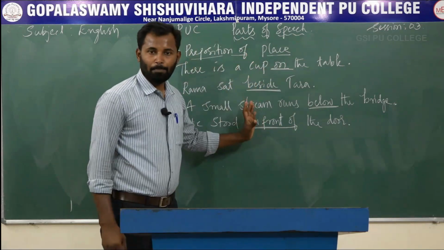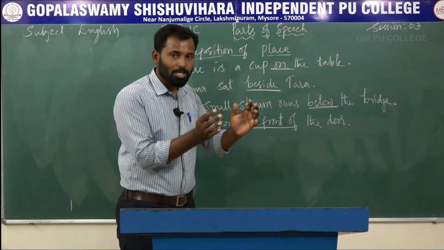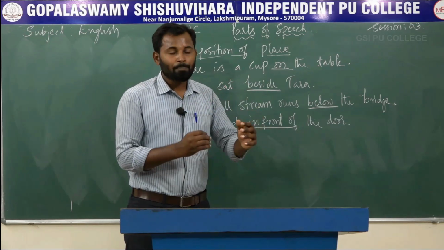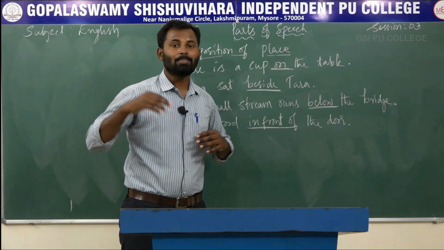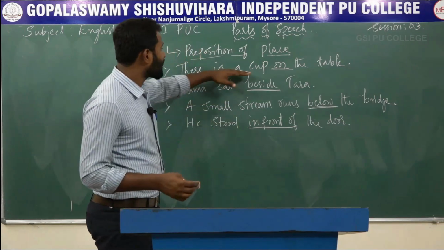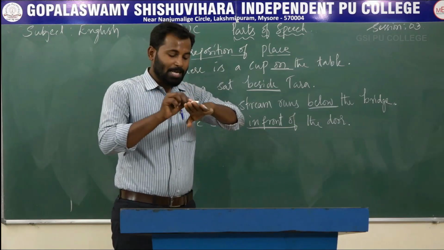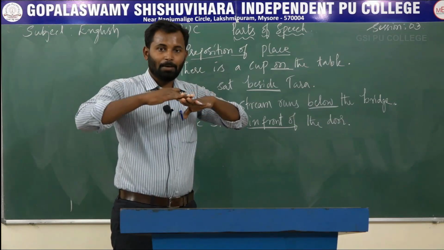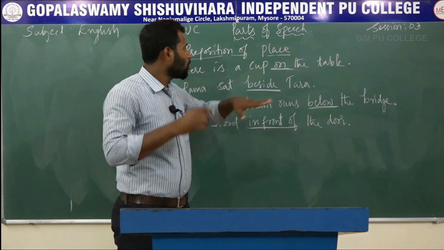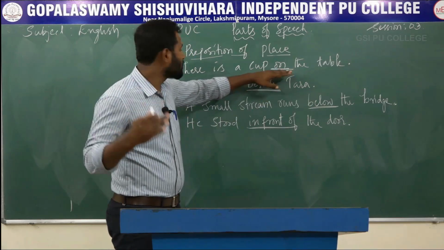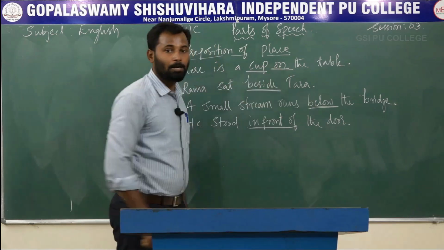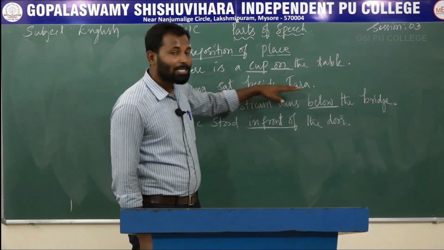These four examples describe the position of a person or a thing in relation to another person or thing. Like, there is a cup on the table. So the cup is placed on the table. The surface of the table is the position. So the word on describes the position of this noun, cup. And the next, Rama sat beside Tara.